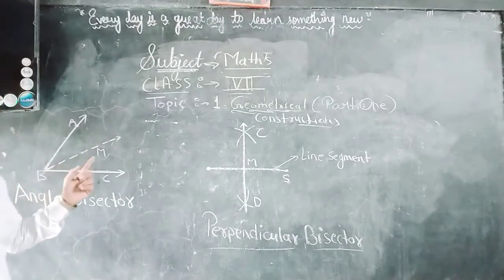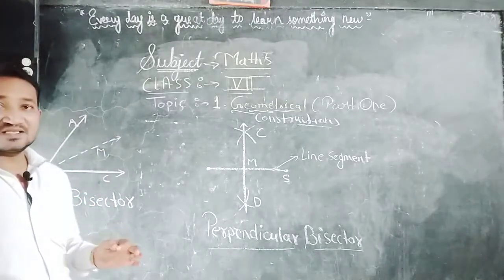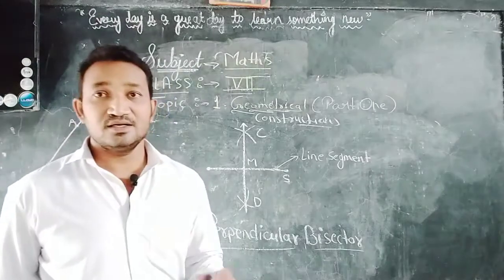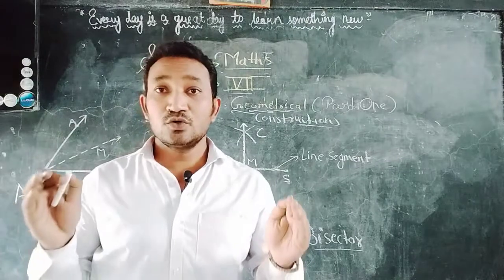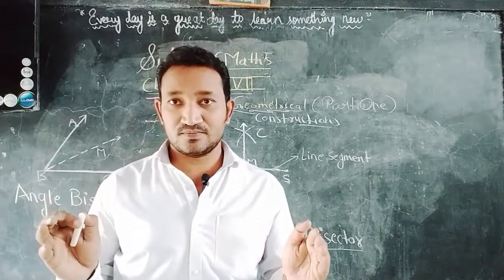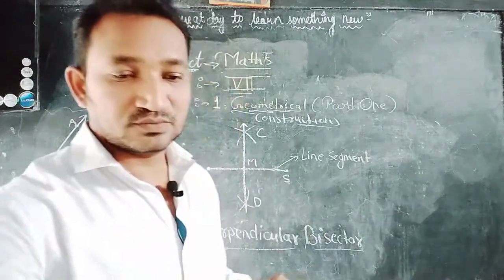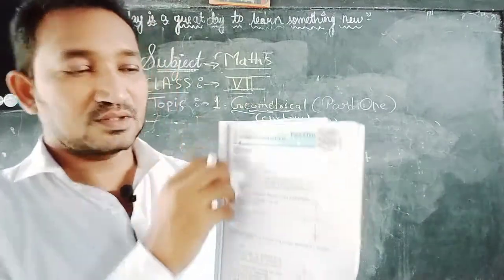An angle bisector divides an angle into two equal halves, like this.